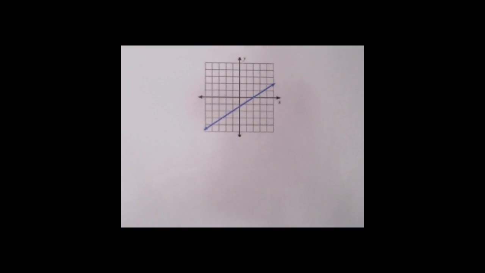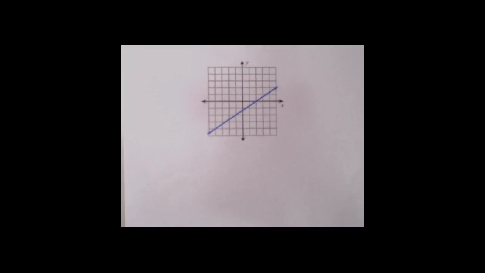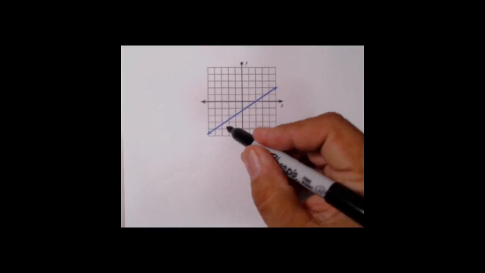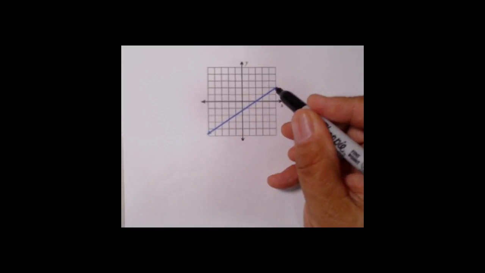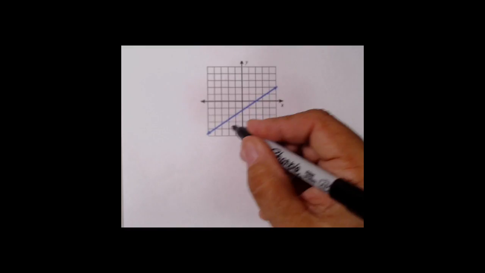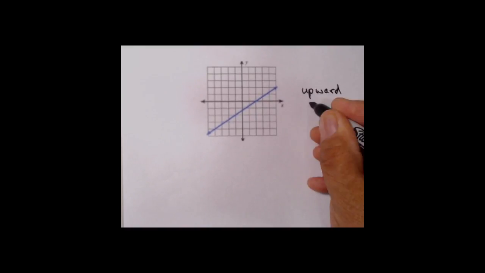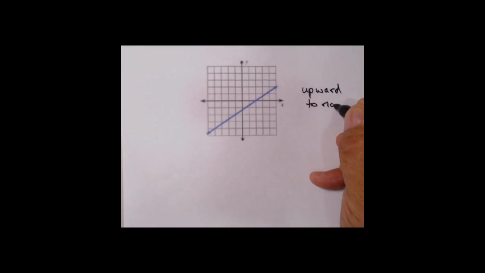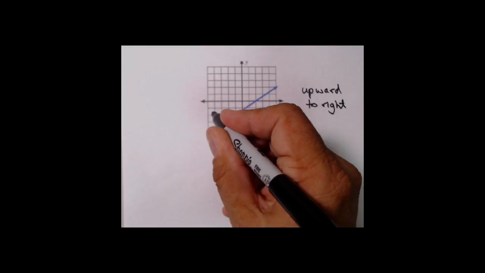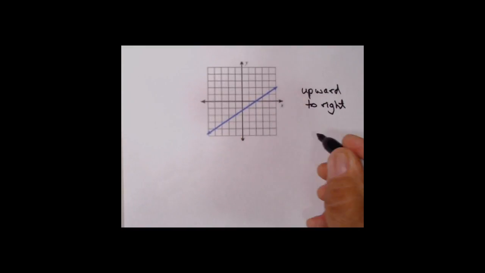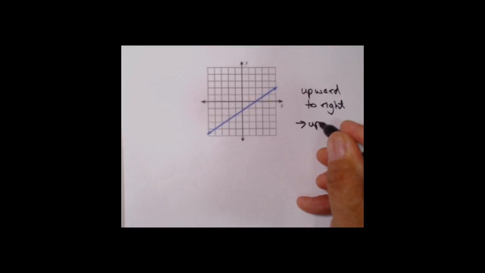Here's a line which is going upward to the right. Since we always think about slope as going from left to right, this is going uphill. If it's going uphill, it has a positive slope.